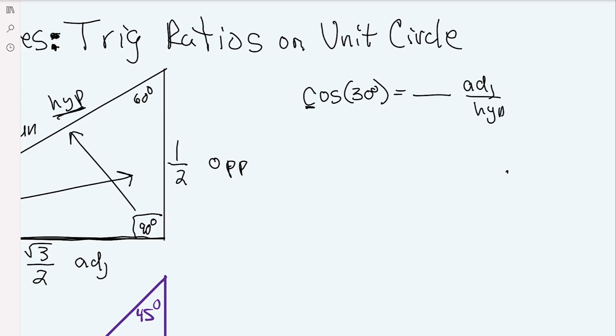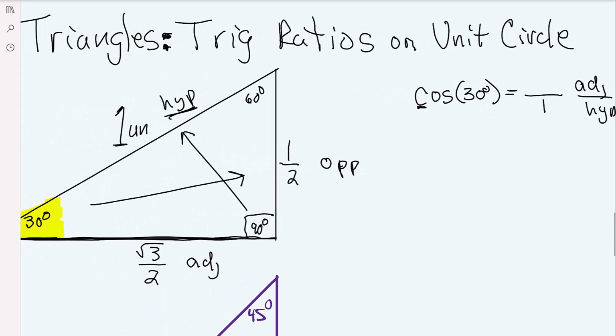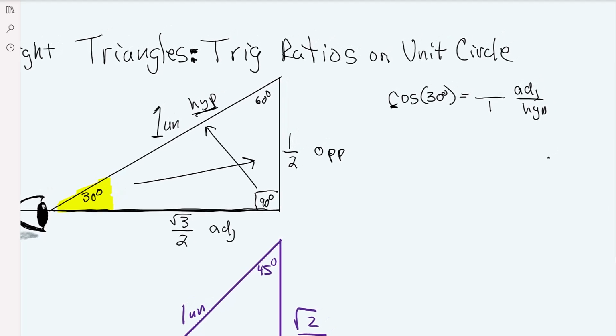Remember, the hypotenuse side is just 1. So whatever the adjacent side is, √3/2, that will be the cosine of 30 degrees. Remember, it's all from the viewpoint of this 30 degrees. √3/2 divided by 1 doesn't change its value, so it's just √3/2.